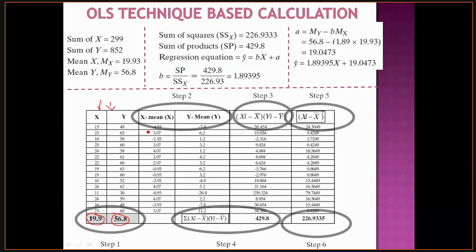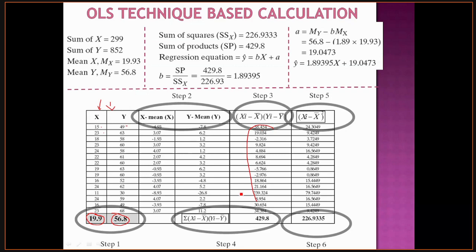Then I calculate Xi minus X bar for each of them: 15 minus 19.9, 23 minus 19.9. Same for Yi minus Y bar: 49 minus 56.8 is minus 7.8. Like this we calculate for all of them, and then we multiply them. So minus 4.93 into minus 7.8, we get plus 38.45.